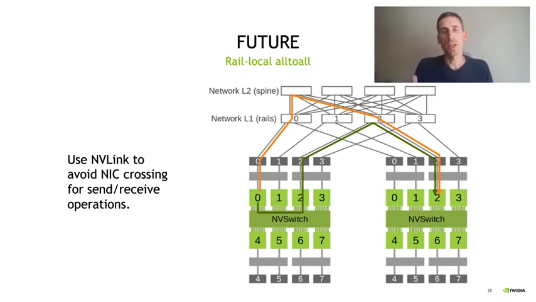So for example here, if GPU 0 wants to talk to GPU 2, you would just have to push data to GPU 2 on the same node, and then from there, initiate a network communication from that GPU 2 to the other GPU 2. That would guarantee that all the traffic stays local to those leaf switches and never crosses the rails and has to go to the upper levels.